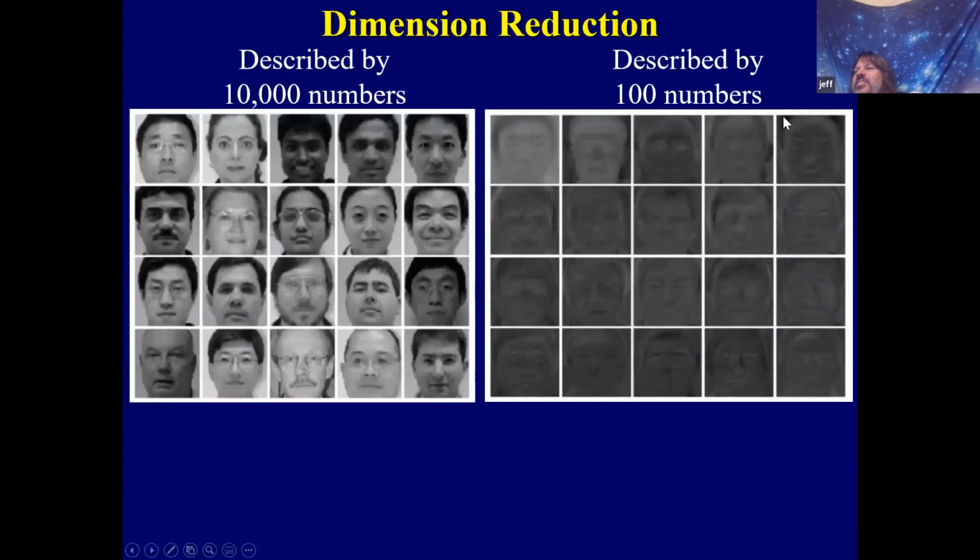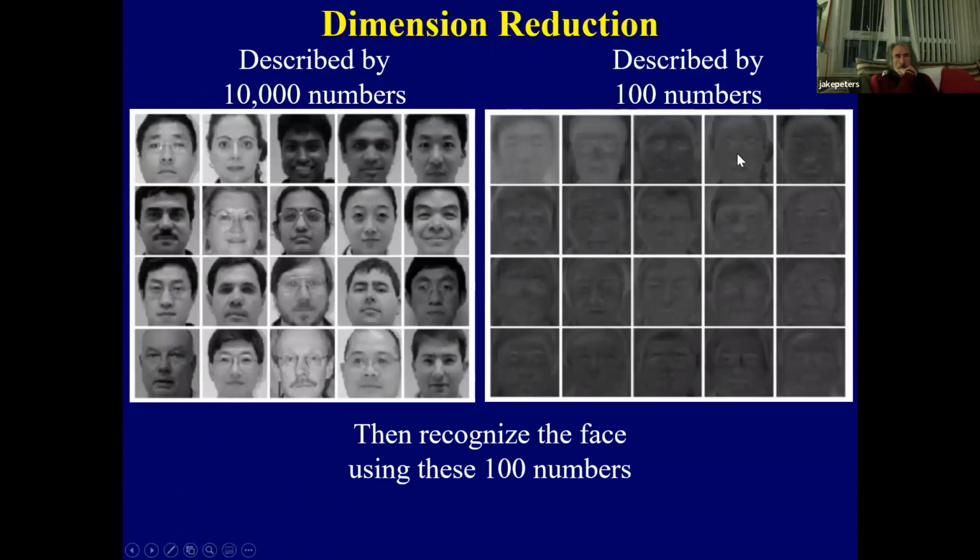And so what this is, those same images, and I think they're switched around. This woman, I think it's this woman. But this is the image as seen from a 10,000 dimensional space, right? Because this has 10,000 pixels still.